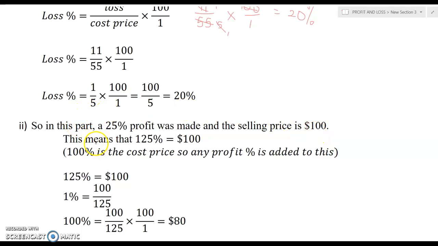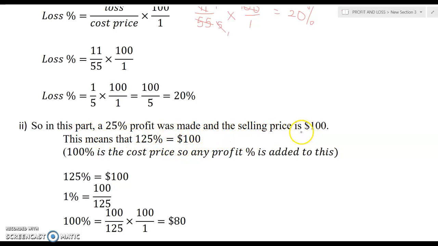So this means that when you buy something, like if I go to buy a dress in a store, and I pay a certain amount of money, that amount I'm paying is 100%, right? And now, when a profit is made, you have to add in that percentage of profit to that whole 100%, right?